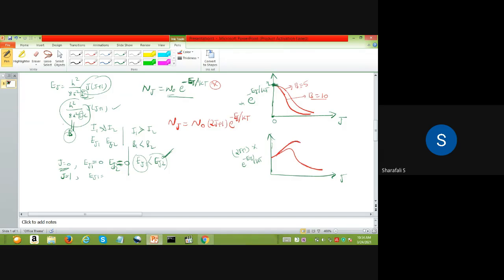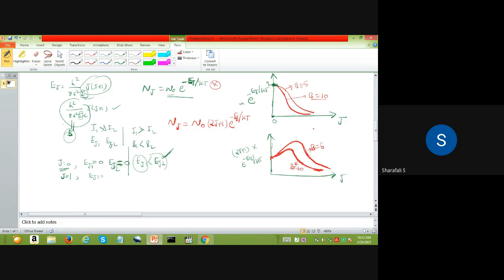We'll go here and so it will go like this. So at this point, you have your maximum value here. Then there is an increase in the number of molecules in those levels. Then it starts decreasing. Similarly, for the other case also, we have B equal to 5. This one is equal to 5. This is B equal to 10.